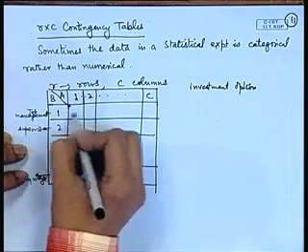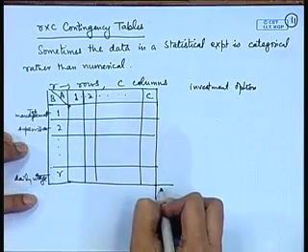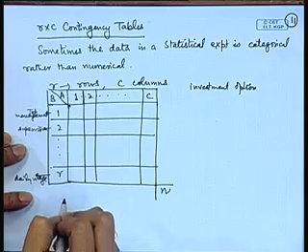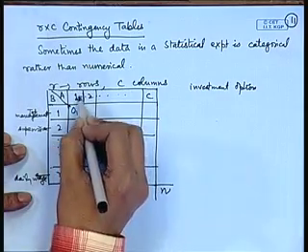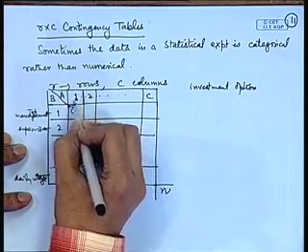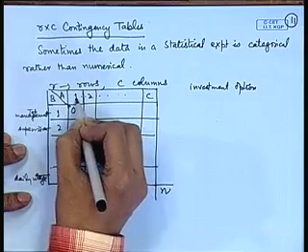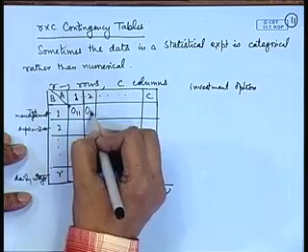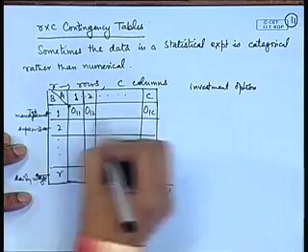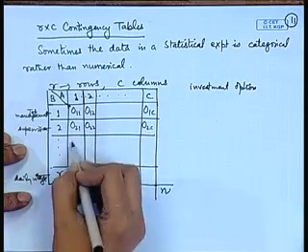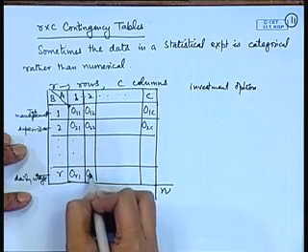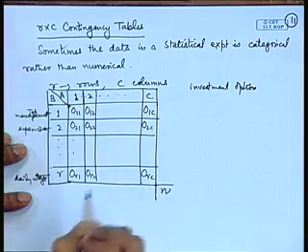So, maybe you will find that out of a sample of n employees of the organization, you found O11 are those in the top management who go for option 1, O12, O1C, O21, O22, O2C, OR1, OR2, ORC.